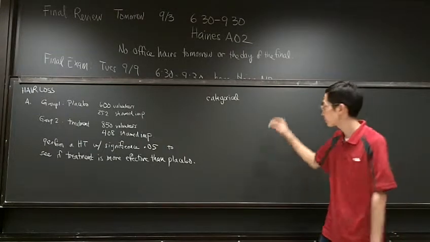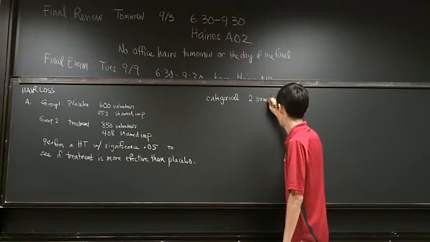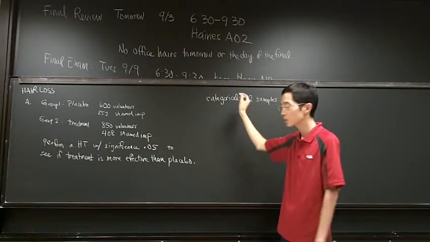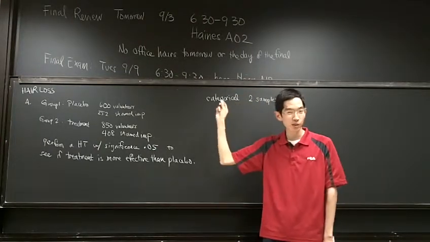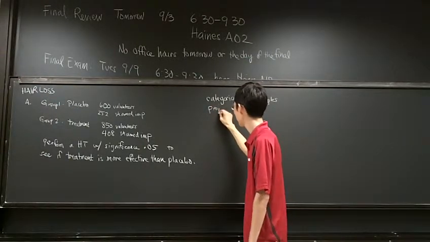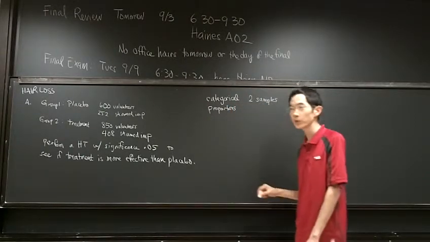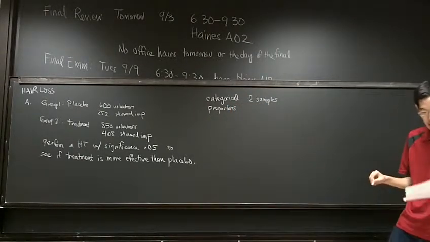We have 2 samples. So we have categorical, 2 samples. If we have a categorical variable, are we dealing with means or proportions? Proportions. So we have proportions, 2 samples, and we're doing a hypothesis test.